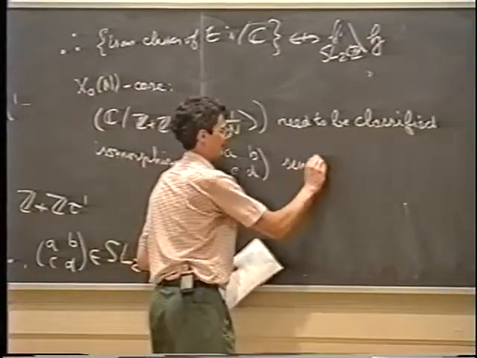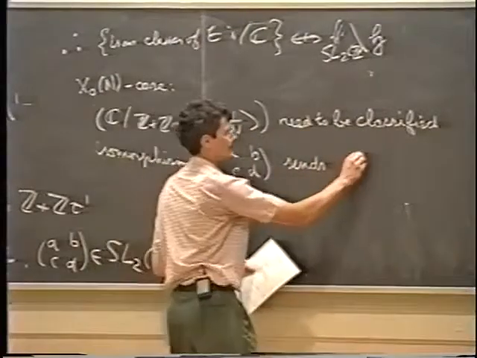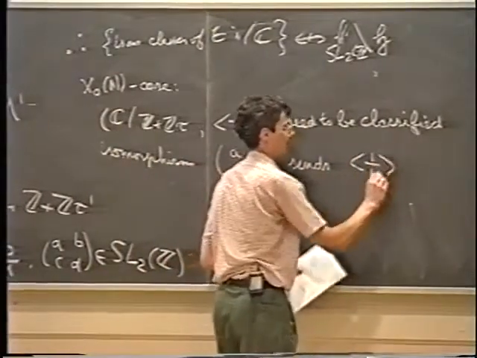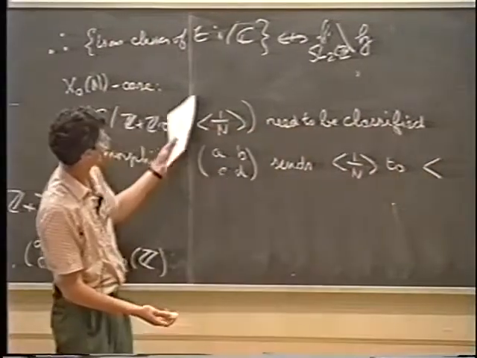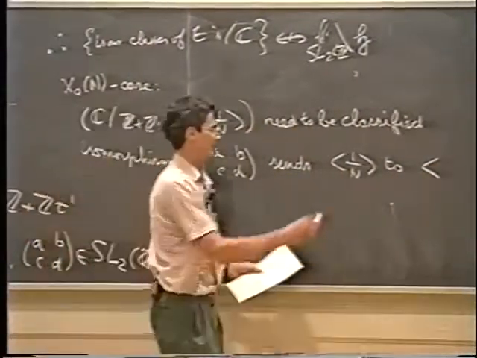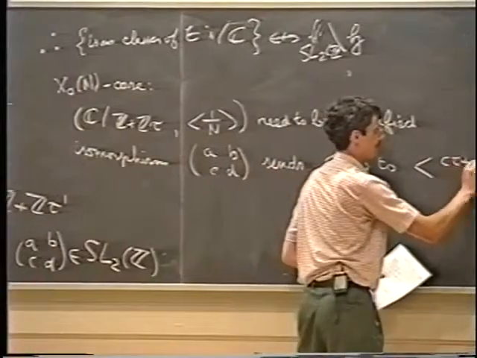It sends the cyclic subgroup to the cyclic subgroup on the other curve, the one with the tau prime, which I didn't write down, C tau plus D over n.